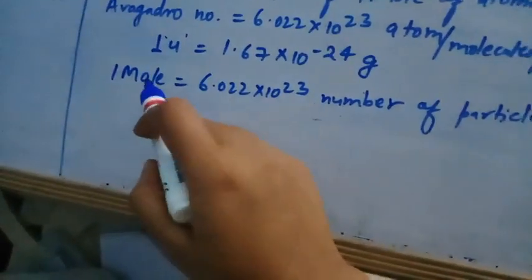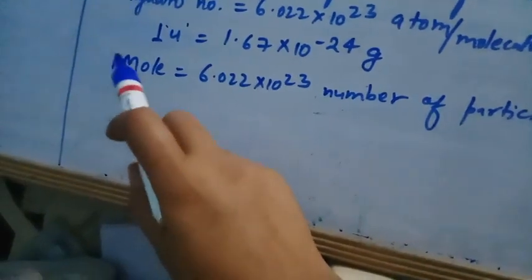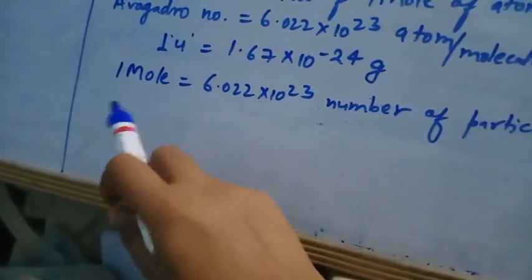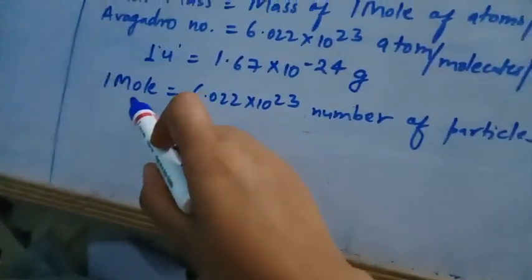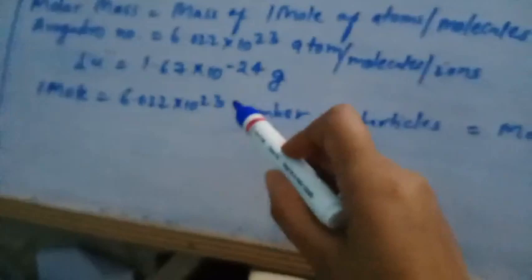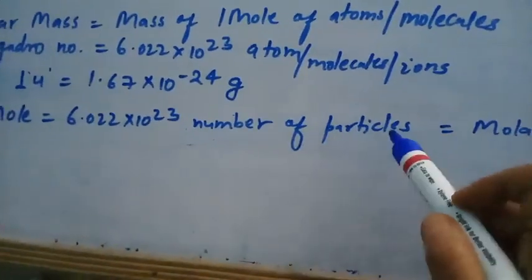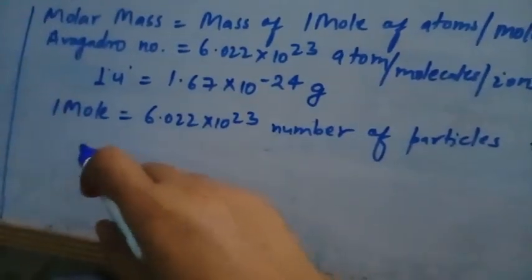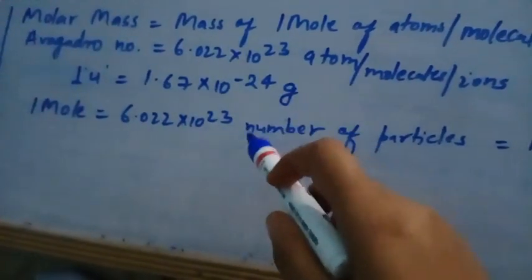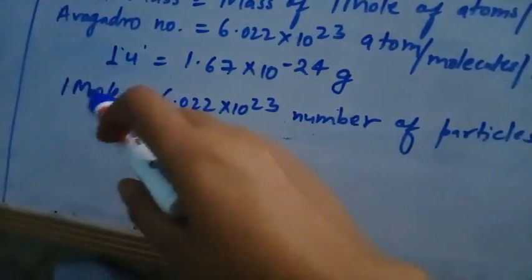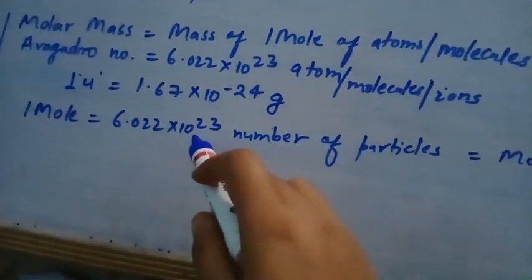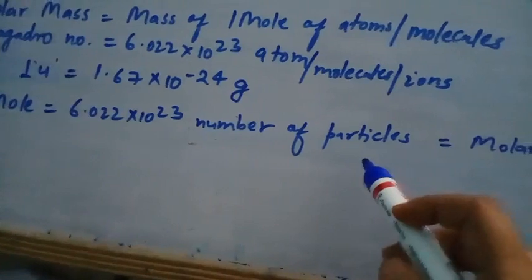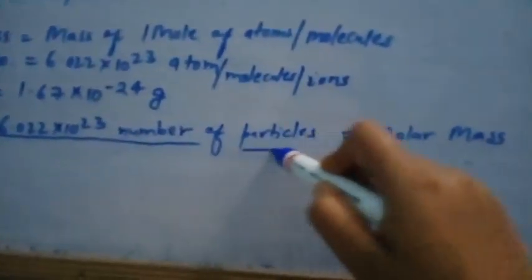It depends whether we are taking 1 mole of atoms, molecules, or ions, and with respect to that we have to change here. If it is 1 mole of atoms, then it is 6.022 into 10 to power 23 atoms. If it is 1 mole of molecules, then it is 6.022 into 10 to power 23 molecules. Similarly for 1 mole of ions. So 1 mole is equal to 6.022 into 10 to power 23 particles, which is equal to the molar mass. This is a very important equation.